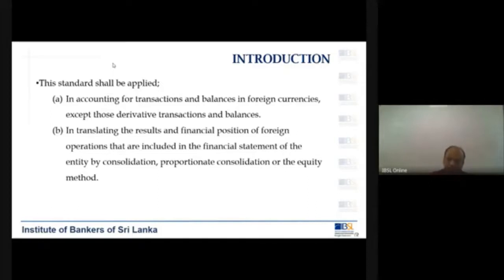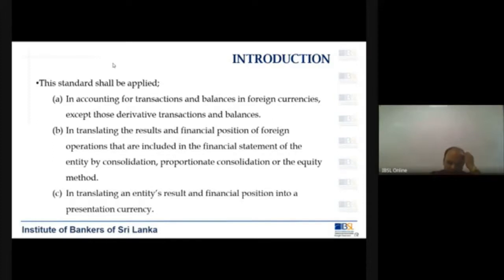Or in other words, you have to convert this foreign operation's balances, which is in dollars, into rupees. That is known as a translation. So translation of foreign operation is very important for consolidation purposes. Consolidation means adding for financial reporting.